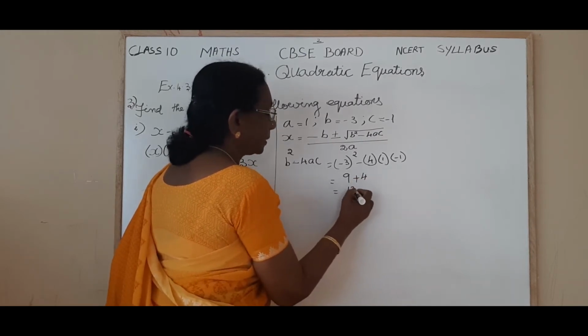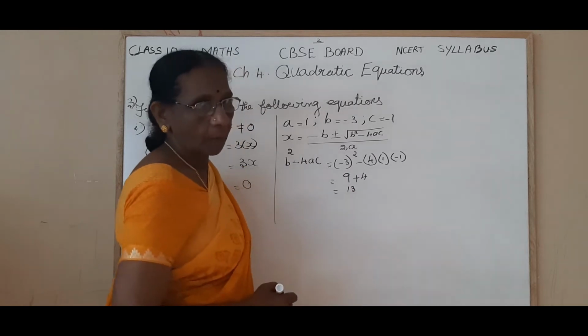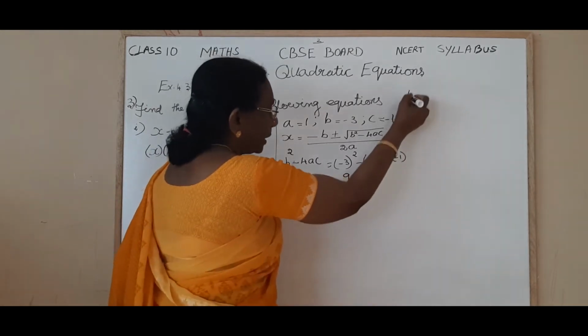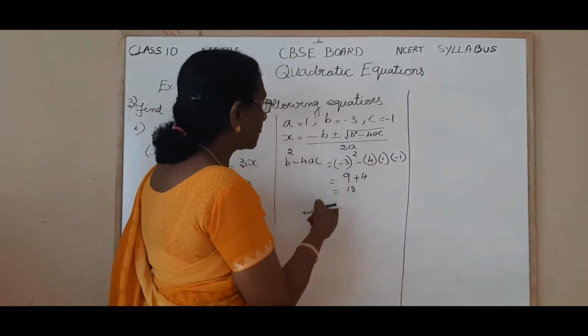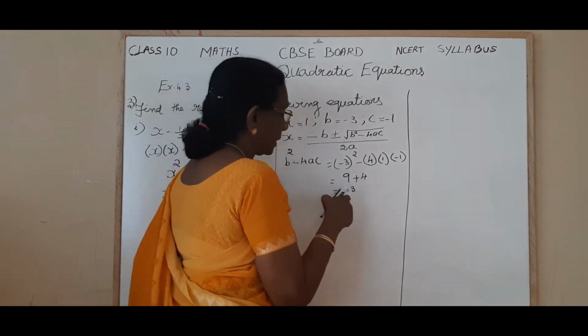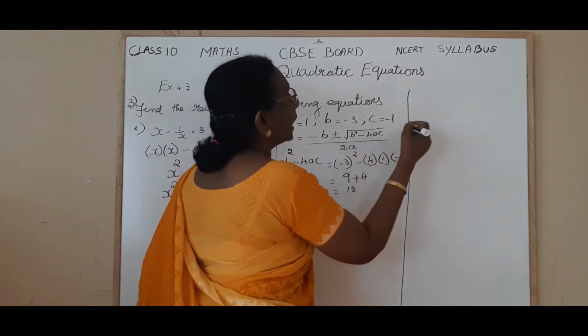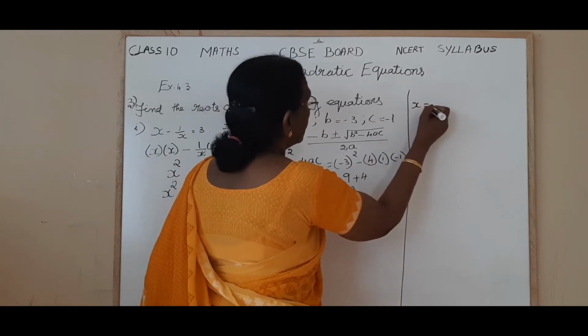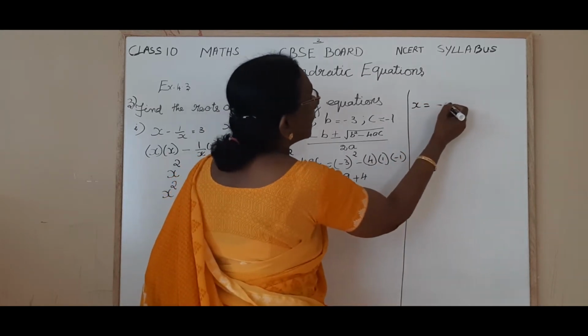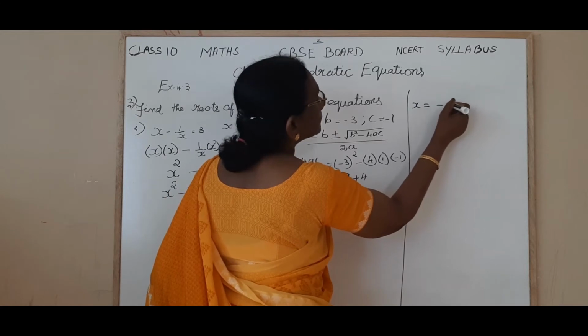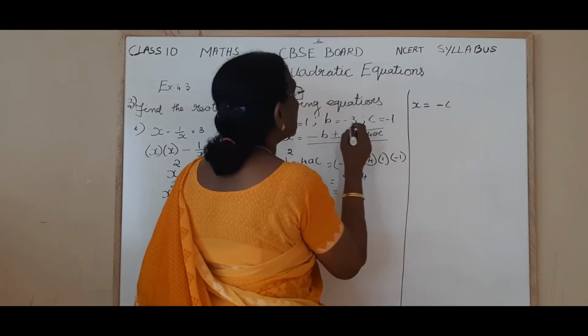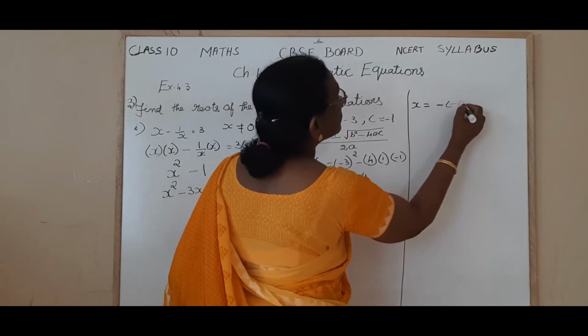That is equal to 13. Is it clear? So now let us substitute the values of a, b, c and this b squared minus 4ac in the formula. So x is equal to minus b, that is minus of minus 3.